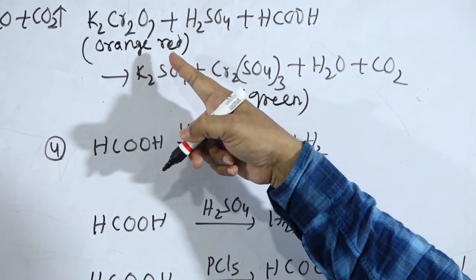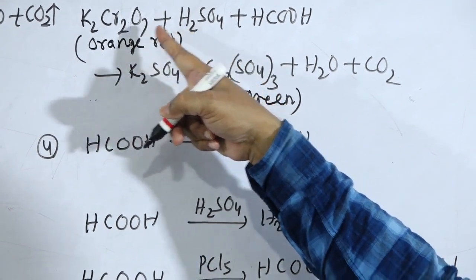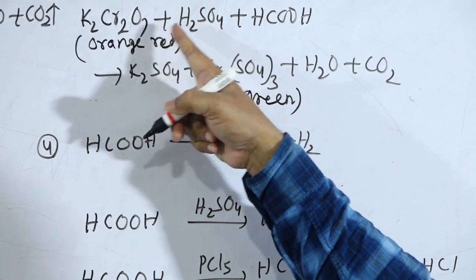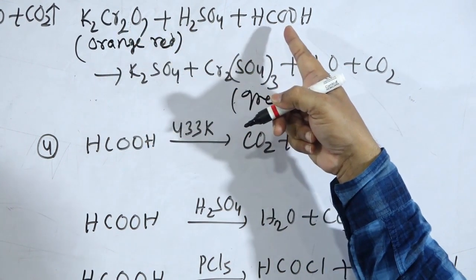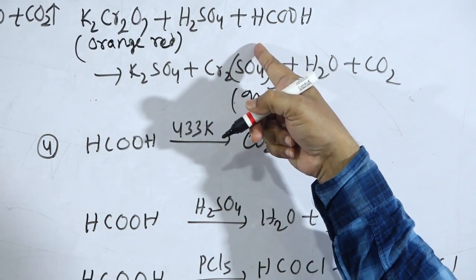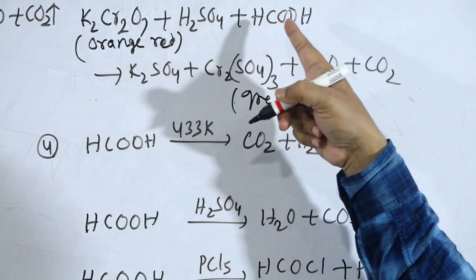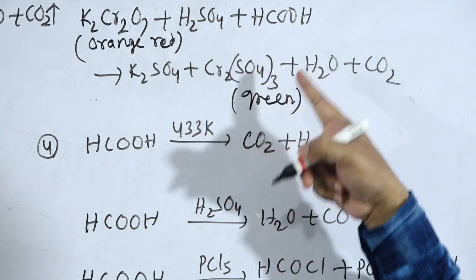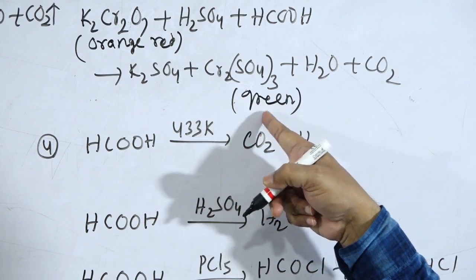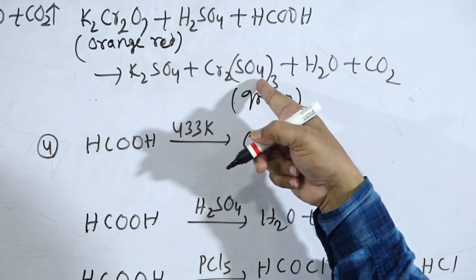So whenever acidified potassium dichromate is treated with formic acid, there is the formation of the green color of chromic sulfate.